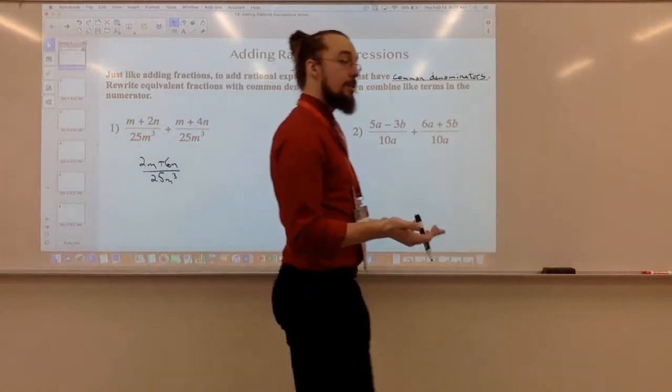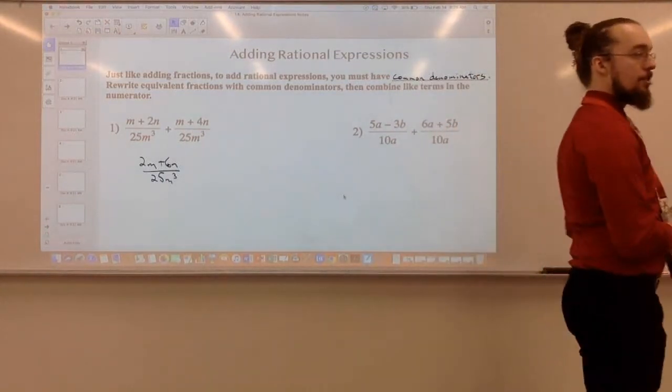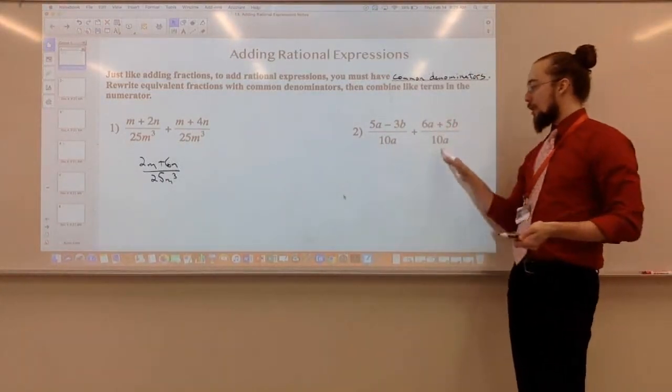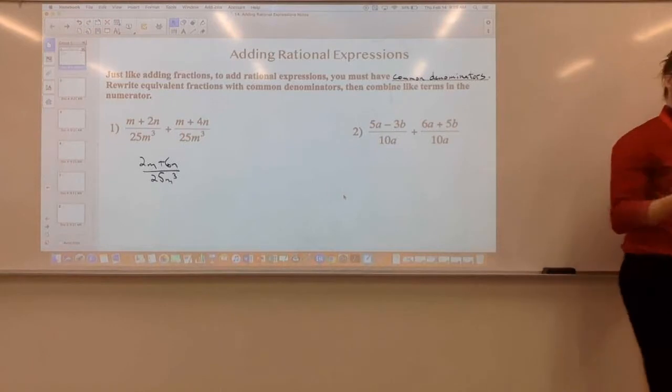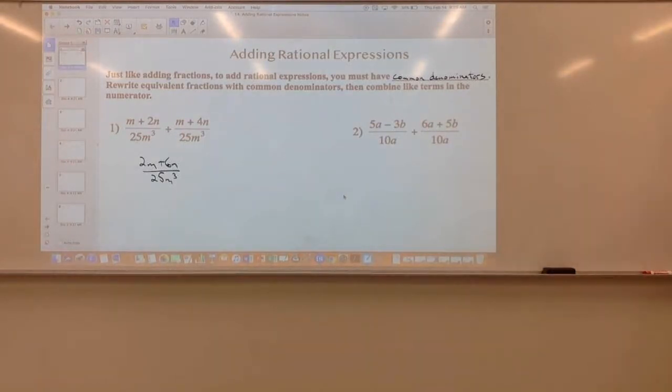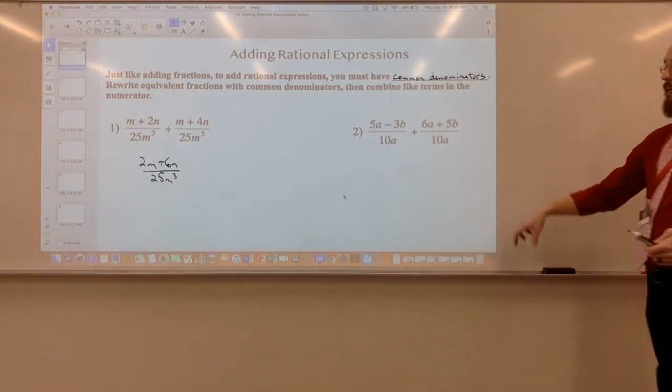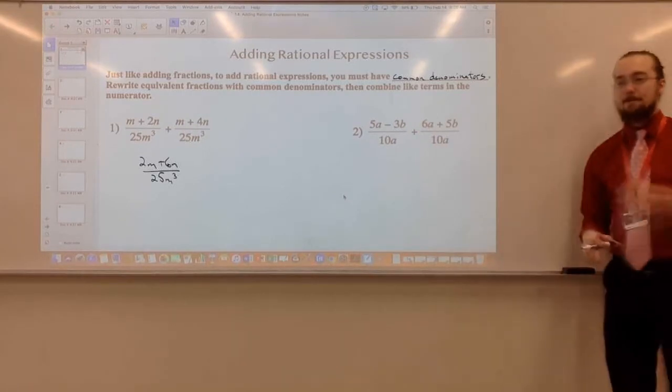In these ones, we already had common denominators. So, again, I already have a common denominator of 10a. All I need to do is add the numerators together. Go ahead and take a couple of seconds and try this one here.